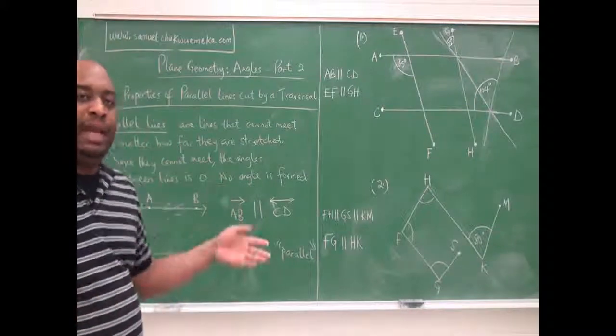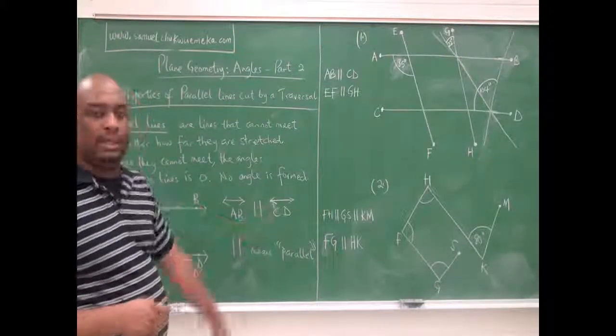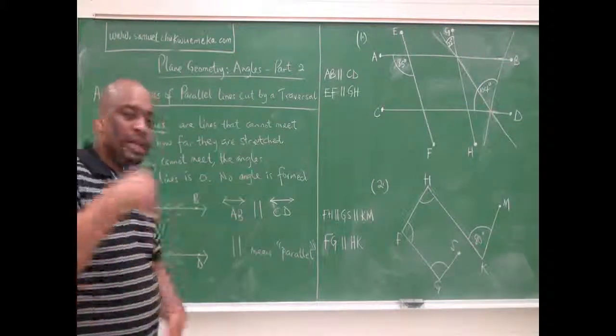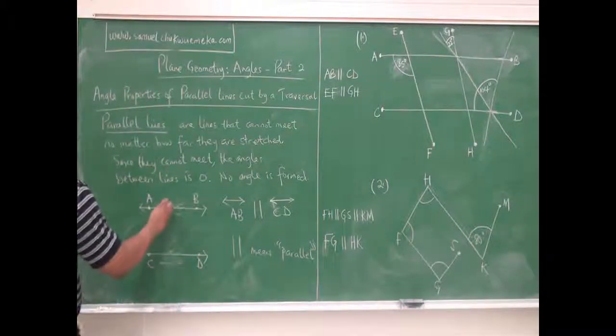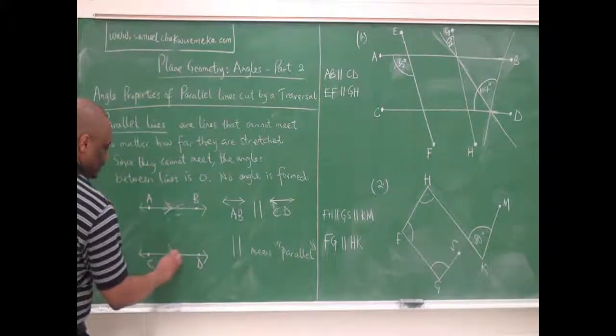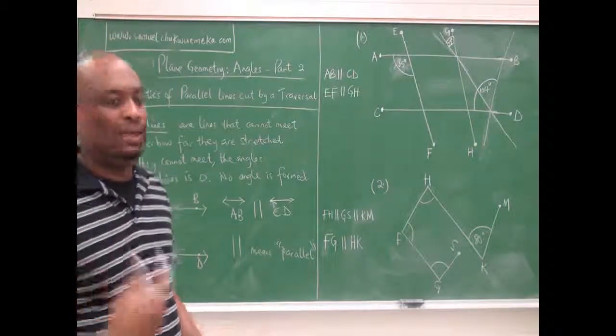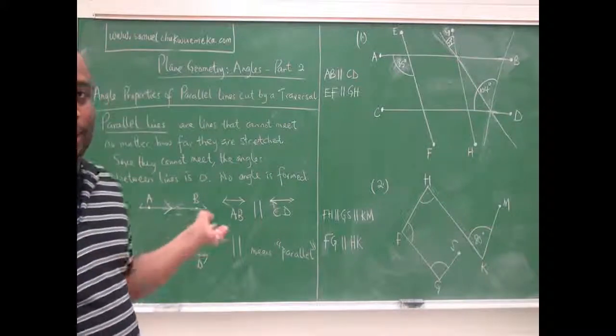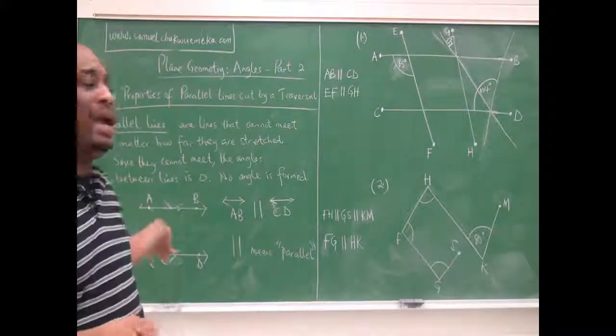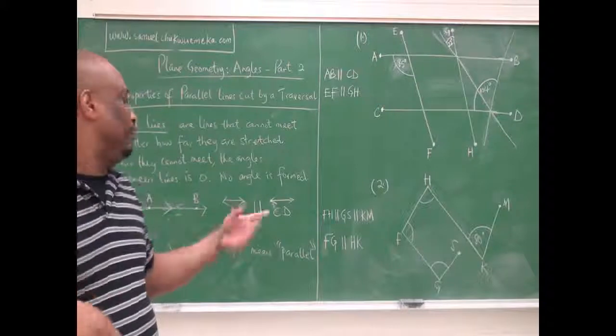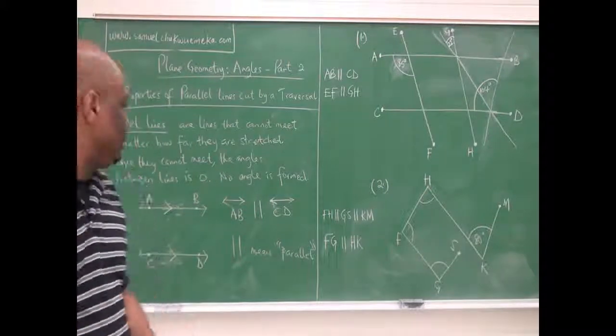Or, assuming they don't write this or tell you, but they put arrows here, then that tells you that line AB is parallel to line CD. Take note of that. That is the way we denote parallel lines. You must see it by an arrow, or you will be told from the question.